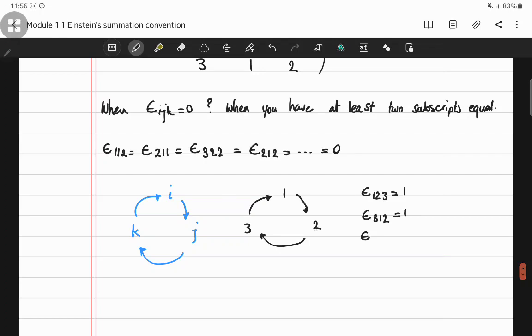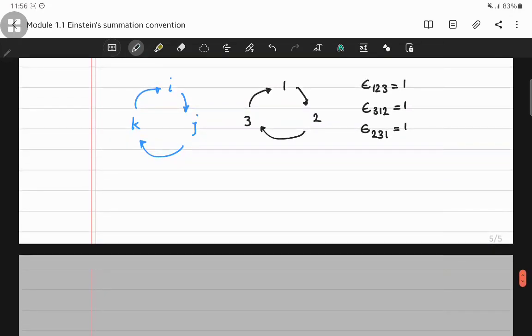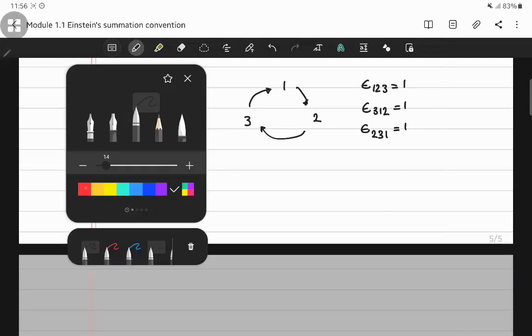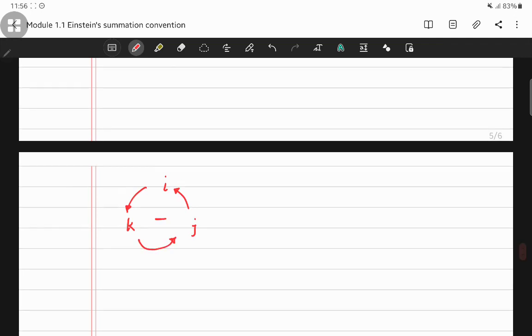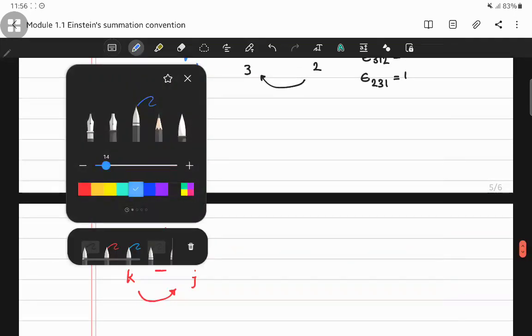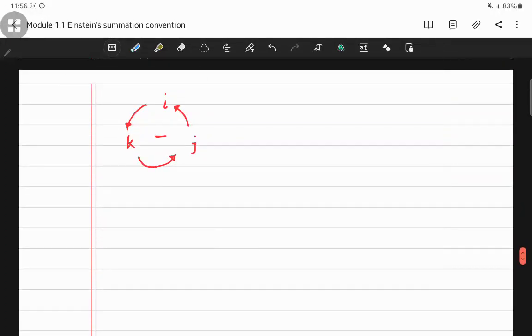If you have epsilon 2 3 1, it is 1. But if you move the other way around, let's say you have I, J, and K, and instead of moving in this direction, you move in this direction, you will have negative values. So these are positive values, and you will have negative values here.